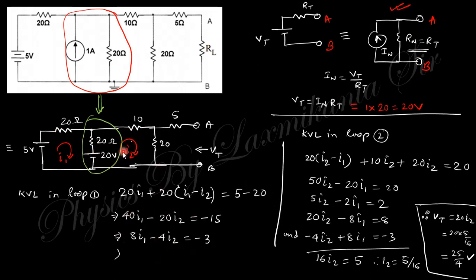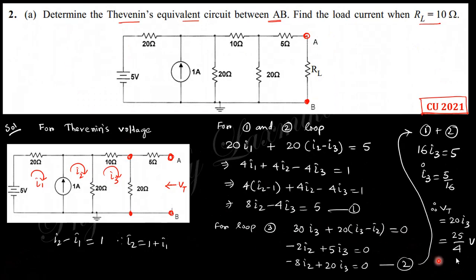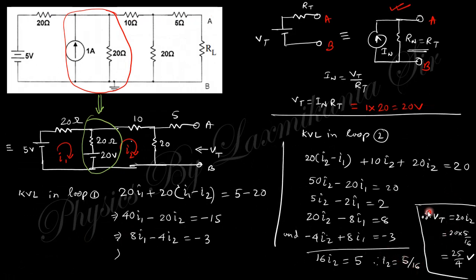For loop 2, the equation will be 10 plus 20, 30 I2, and 20 (I2 minus I1), equals the 20 volt source. Rearranging and solving these equations, you can easily find the value of I2, which is 5 by 16. So finally the Thevenin voltage will be 25 by 4.